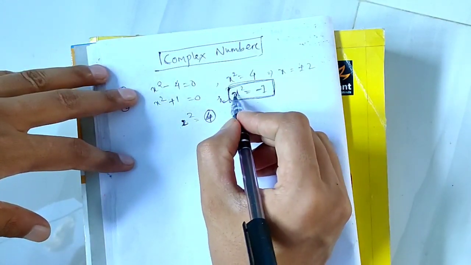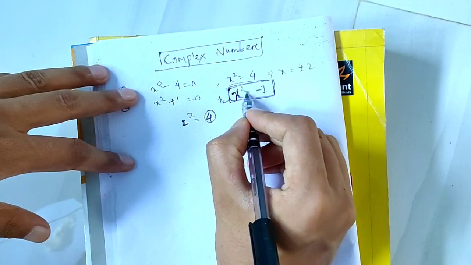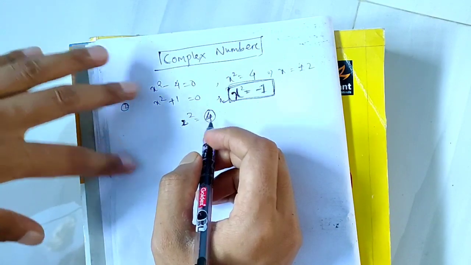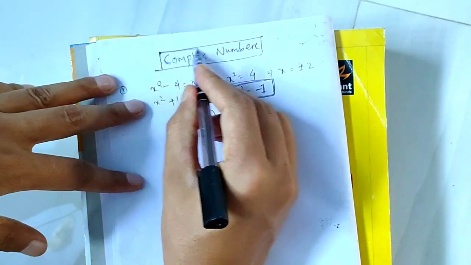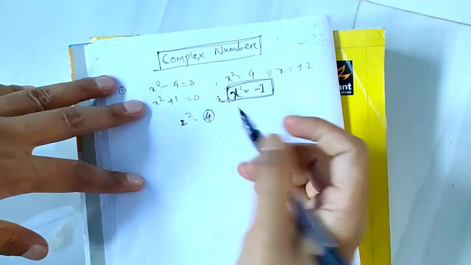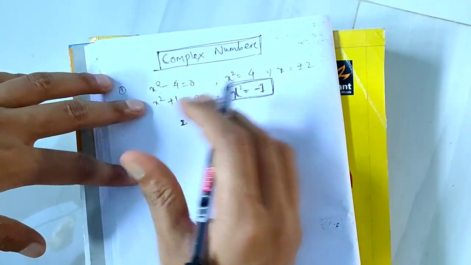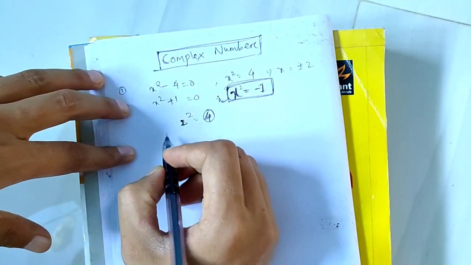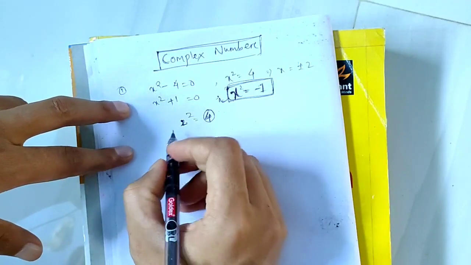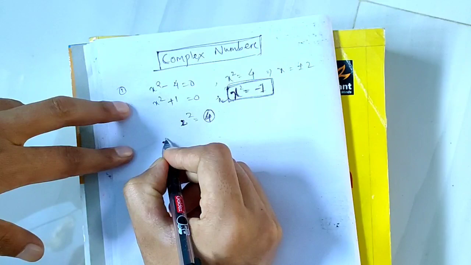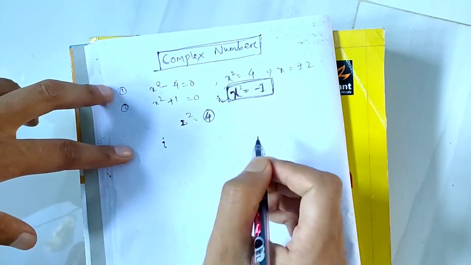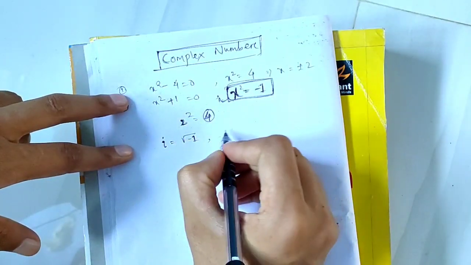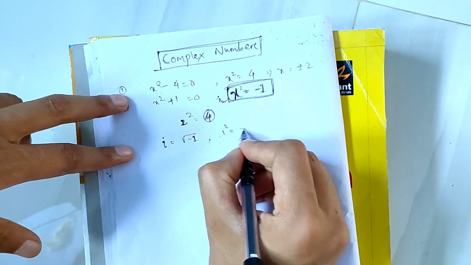So to overcome this, to find the solution of this kind of quadratic equation, we introduce complex numbers. There was a requirement to extend the real numbers to some larger system, and that is called complex numbers. We introduce a symbol called iota, which is equal to root over of minus 1. So iota square equal to minus 1.